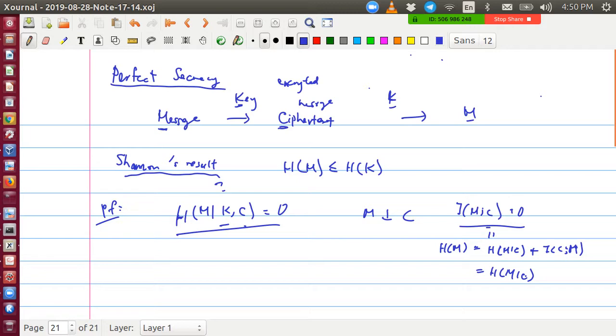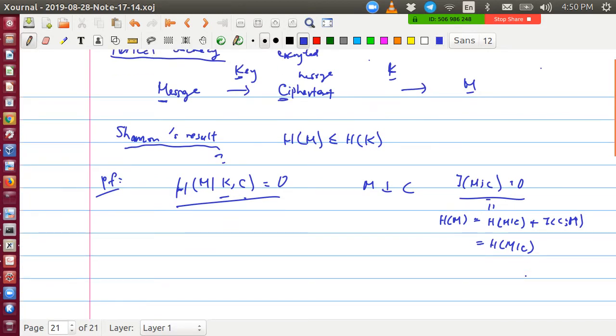Now, we claim that H(M|C) is less than, actually this one will be less than or equal to H(K|C).